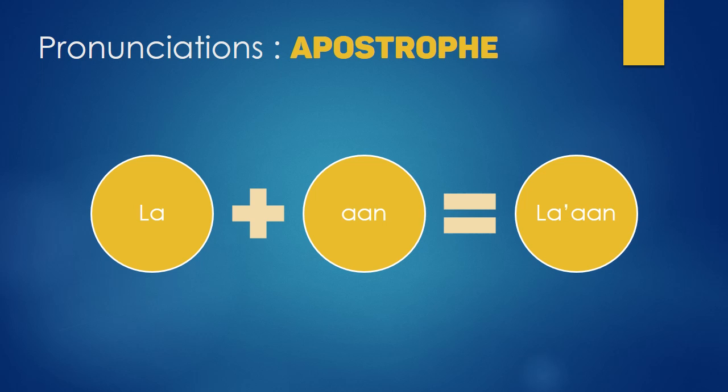So if you take a look at this word, la'an, it's one word. You don't have to have a space in it, but instead of a space, you can use the apostrophe. Let's take a look at this one: ba'an. It's not baan with long double A's, it's ba'an.